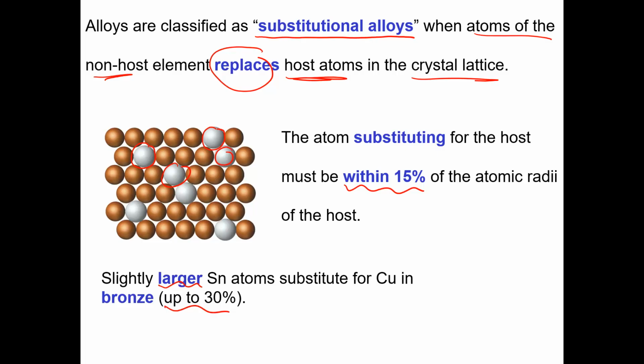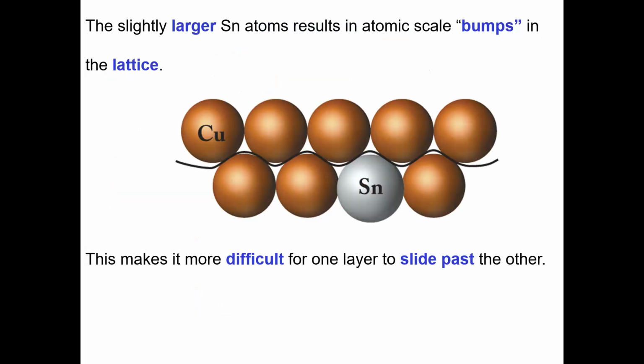So the question becomes, why is bronze so much harder than either tin or copper alone? Well, it's pretty simple. The slightly larger tin results in atomic scale bumps in the lattice. And when it's time for these layers to slide past one another, in order to get over the tin, a whole bunch of bonds have to be broken to allow it to get over the little bump.